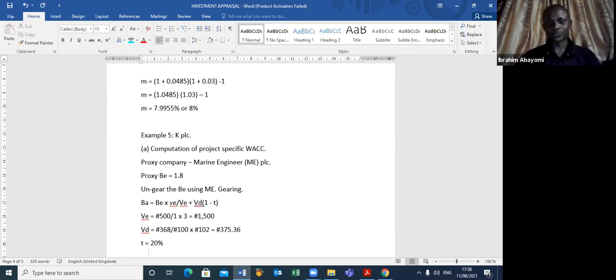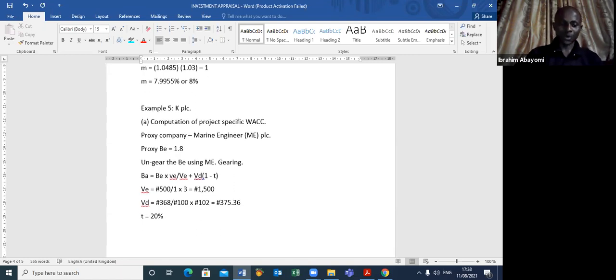So beta of asset is equal to beta of equity, which is 1.8, multiplied by market value of equity, which is 1,500, all over market value of equity, 1,500 plus market value of debt, which is 375.36, into bracket 1 minus 0.2.